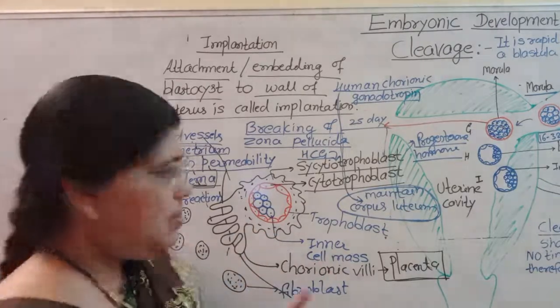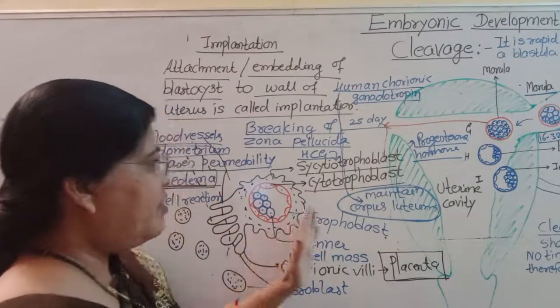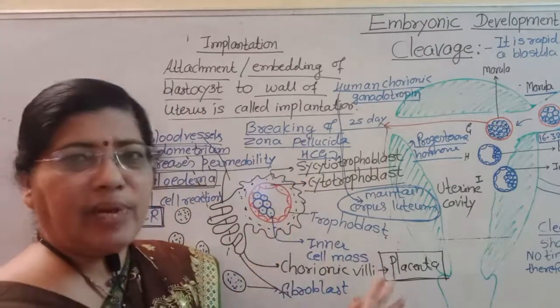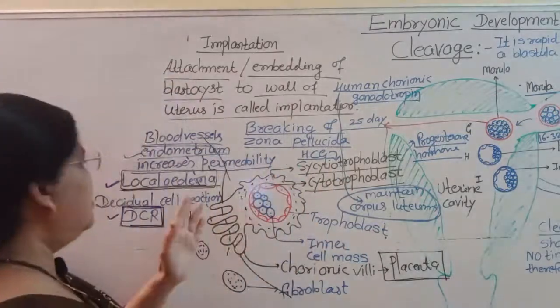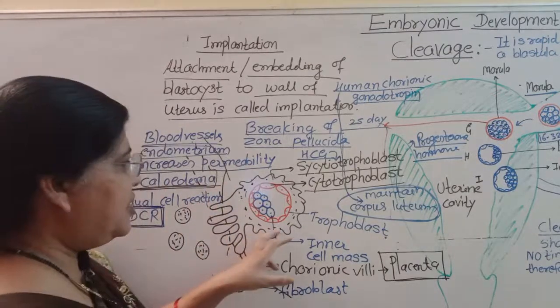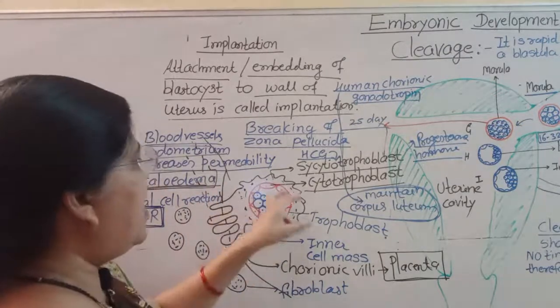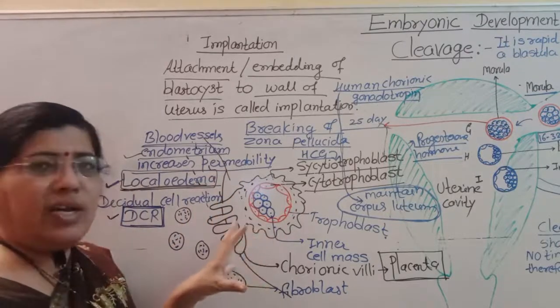Fertilization takes place at the 15th day, and then after fertilization, cleavage takes place, blastulation takes place, and implantation takes place at the 7th day of fertilization, and complete implantation takes place at the 10th day of fertilization.